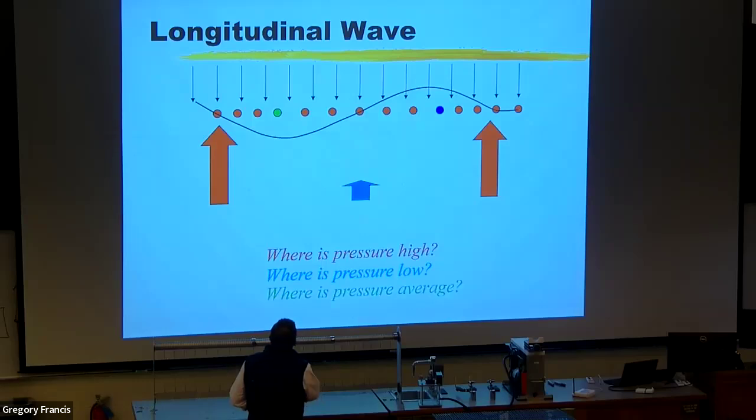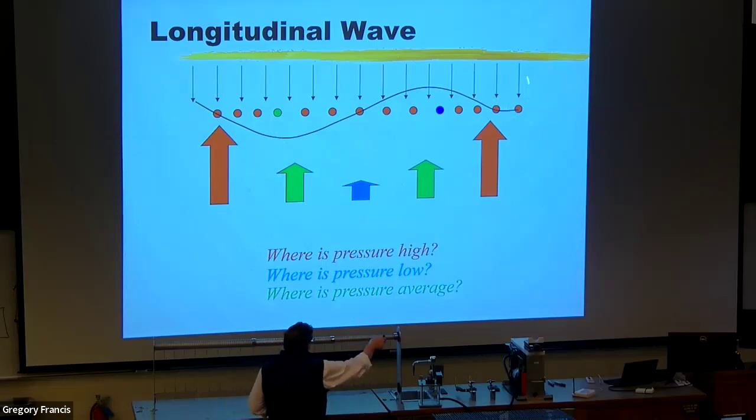And the average is in between. So it would be there and there. And so you see that where I have no displacement is where I either have high pressure or low pressure. And where I have the most displacement is where I have average pressure.